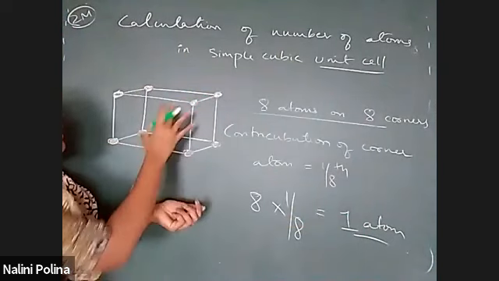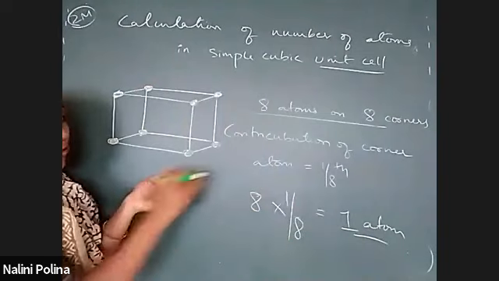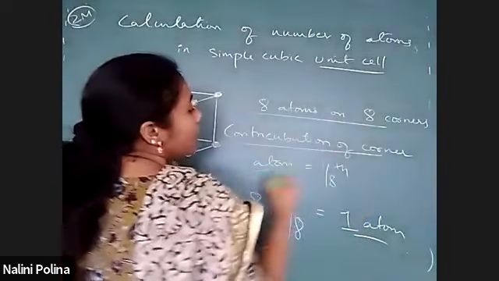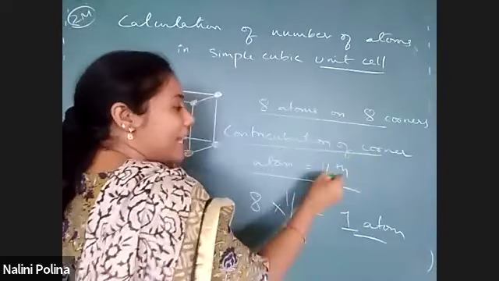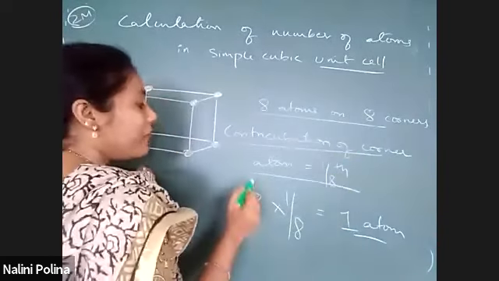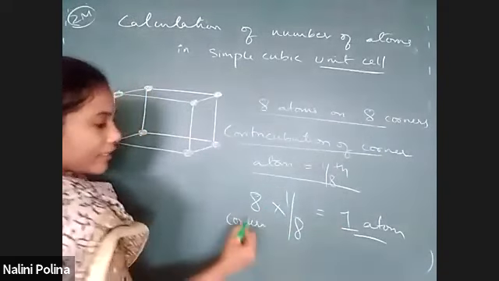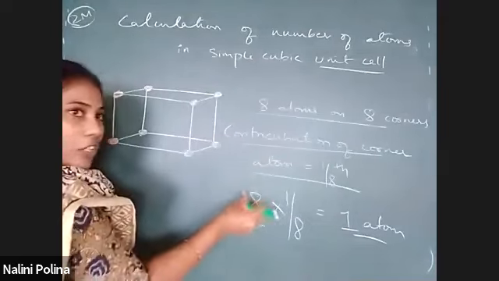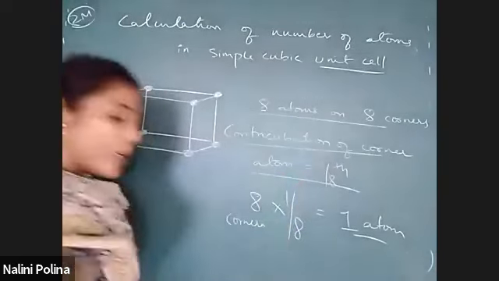So draw the diagram and show this calculation. You have to mention that the contribution of a corner atom is 1/8. You have 8 corners, and each atom on a corner contributes 1/8. So 8 into 1/8 is equal to 1 atom.